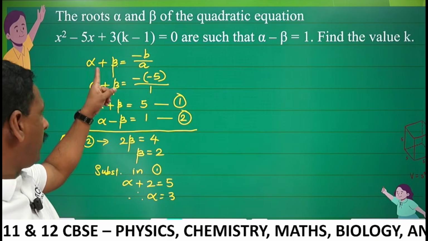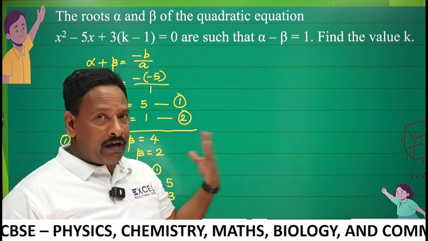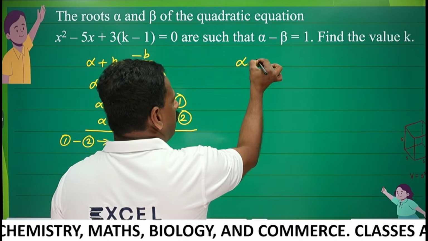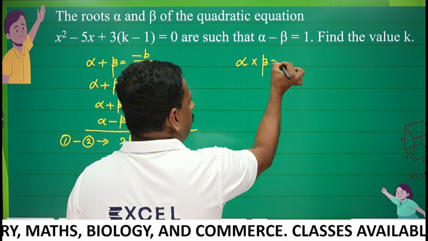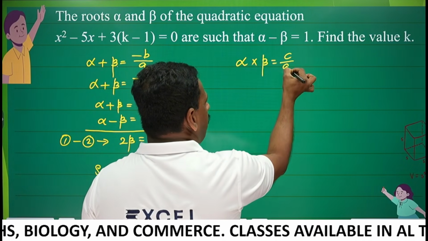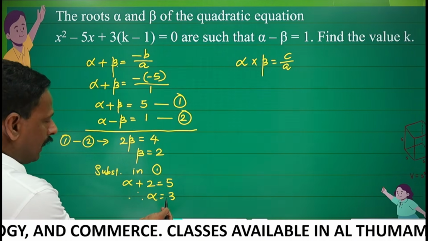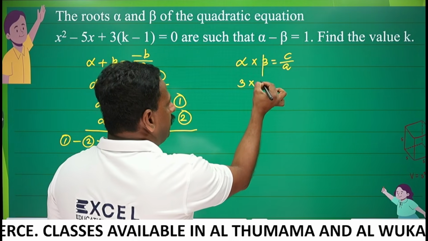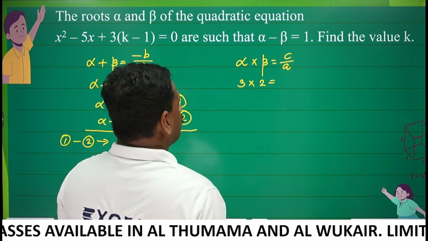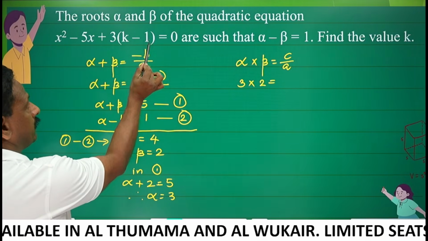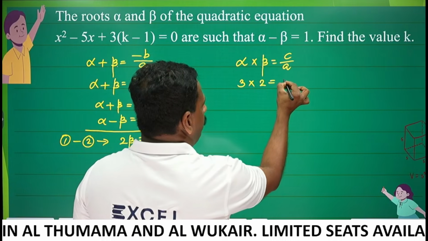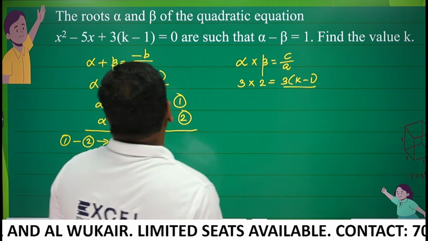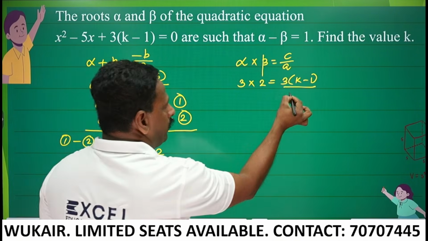So already we found alpha plus beta. Now what you can find out? You can find alpha into beta. And what is alpha into beta? Alpha into beta is c by a. What is alpha? Alpha is 3, beta is 2. So 3 into 2 equal to c by a. What is c? c is the constant term, right? That is 3 into k minus 1 by, what is a? a is 1.